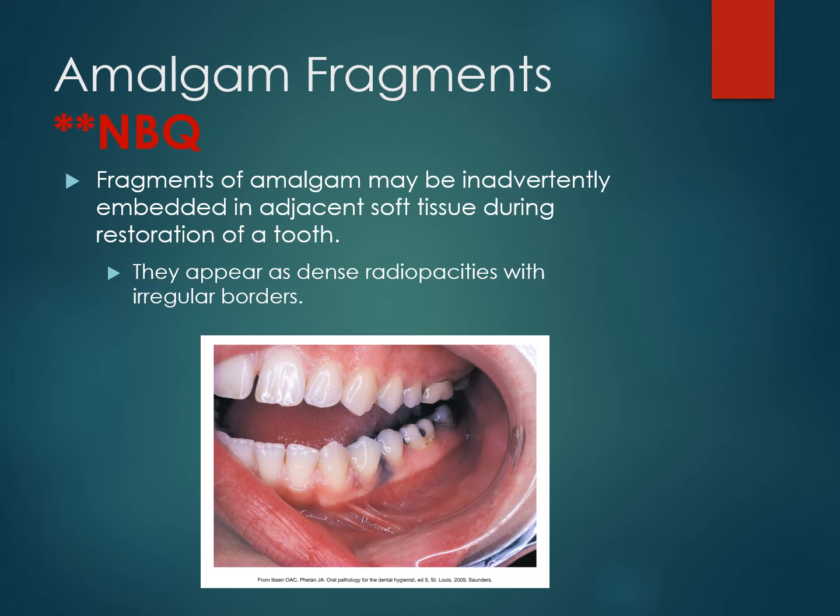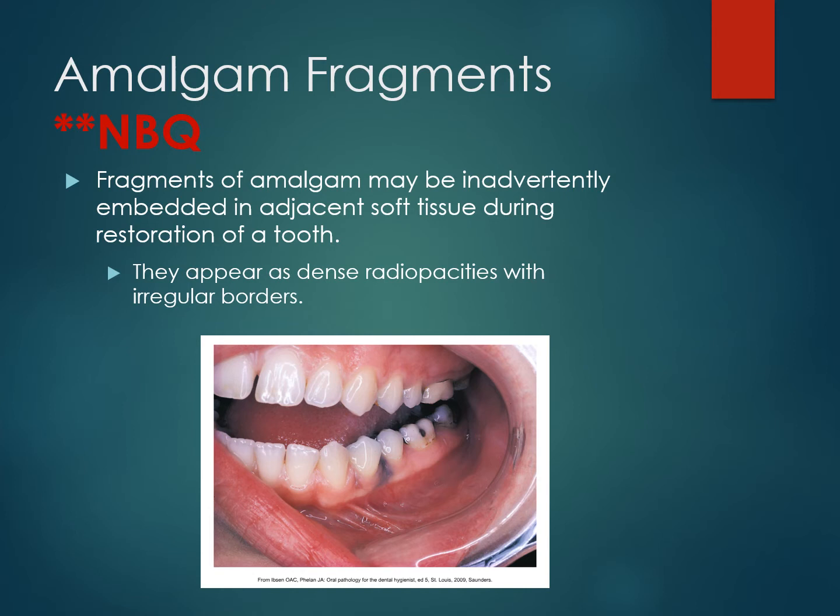Sometimes that dust will get onto the tissue, or a little piece of the metal filling will actually break off and become embedded in that soft tissue. And it looks like this when you see it in the soft tissue. This is called an amalgam tattoo. I'm sure you've seen this in some of your other classes, but that is what it looks like.